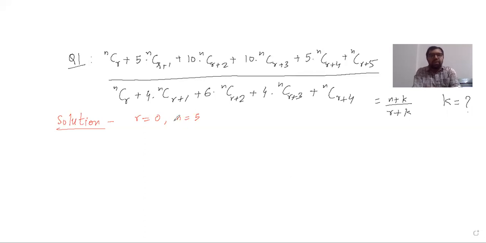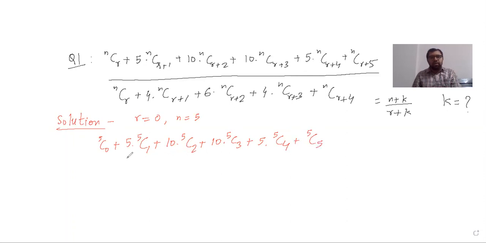If we substitute r equal to 0 and n equal to 5, we can rewrite the numerator as 5c0 plus 5 times 5c1 plus 10 times 5c2 plus 10 times 5c3 plus 5 times 5c4 plus 5c5.